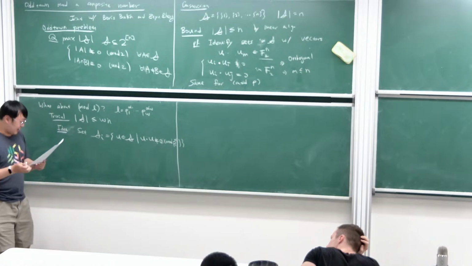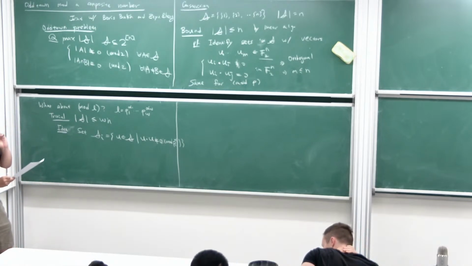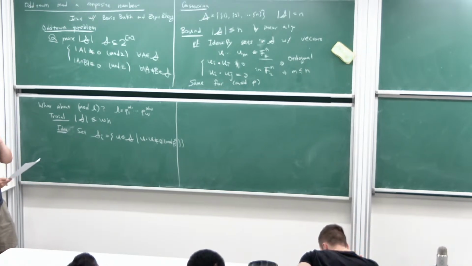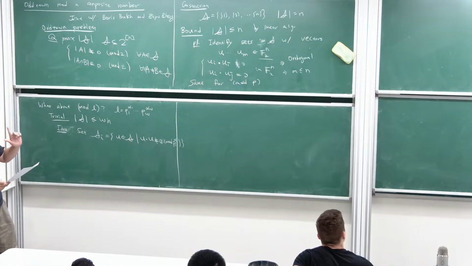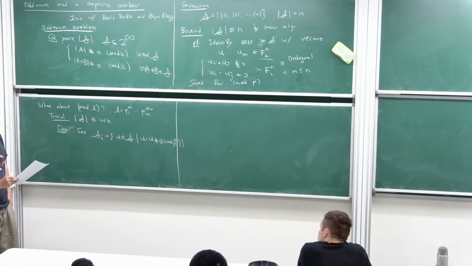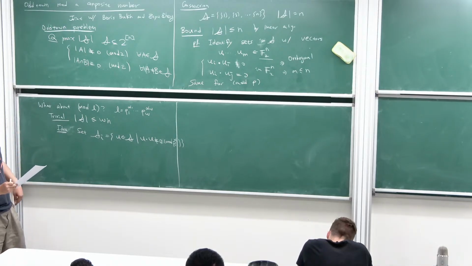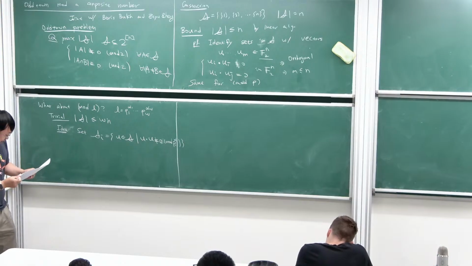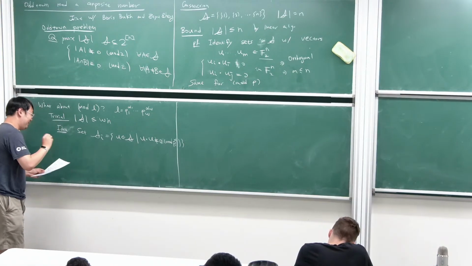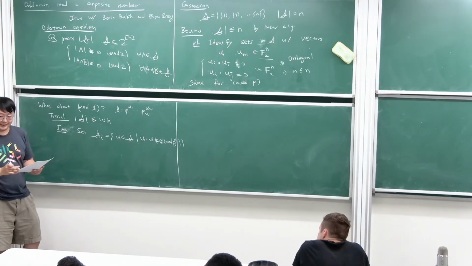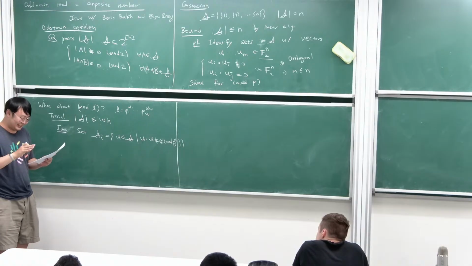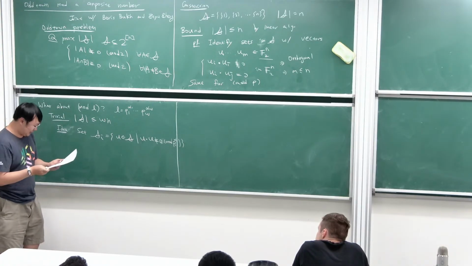So I guess you can replace F_2^n by Z^n, and then look at the p-adic valuation. Maybe let me skip this part and give you an improved upper bound, and this part will follow from that.